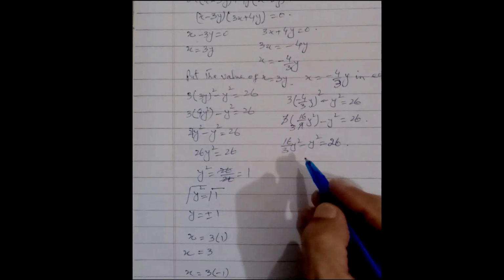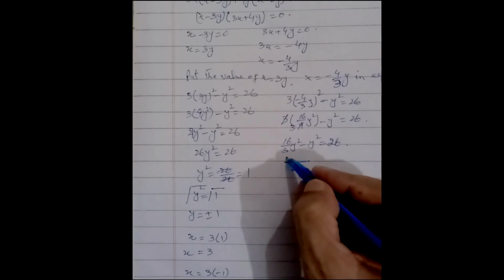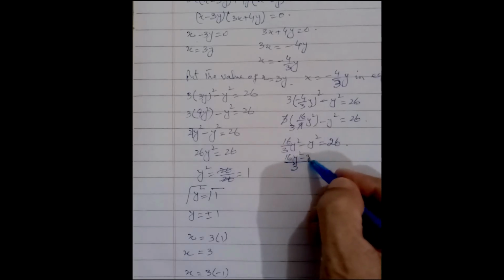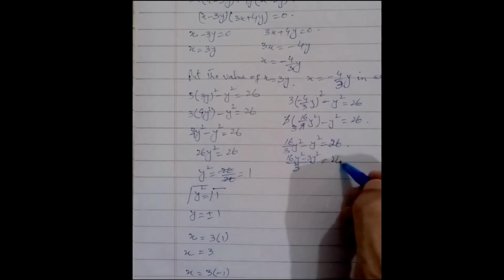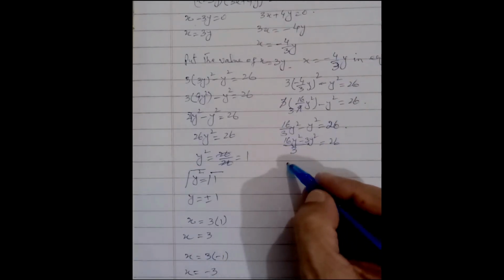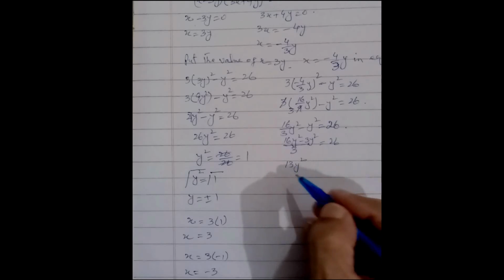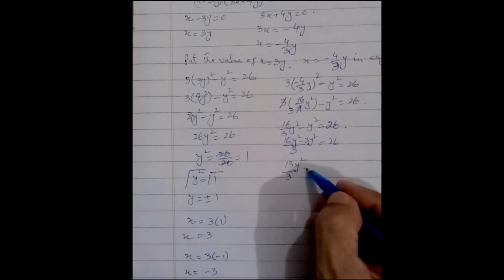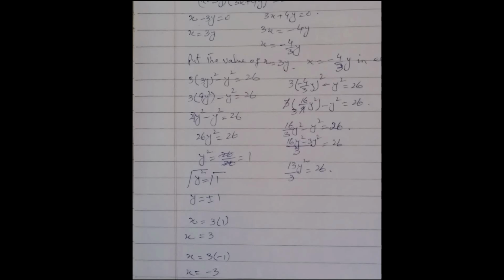Then further we simplify it, take common 3, 16y square minus 3y square over 3, we get 13y square over 3 is equal to 26.